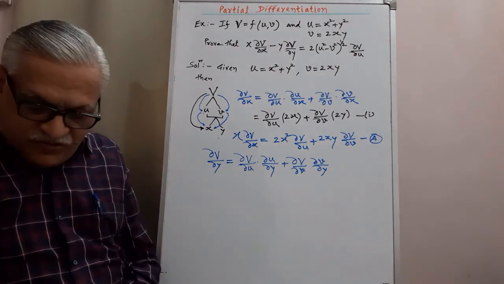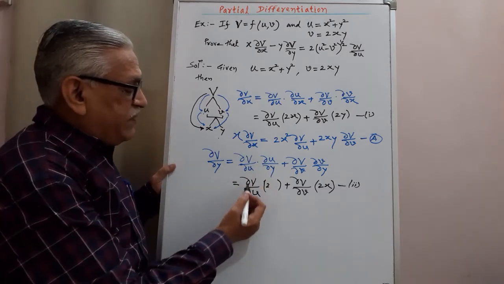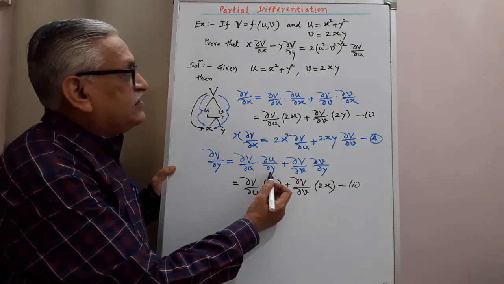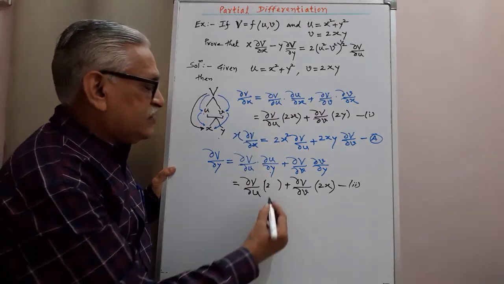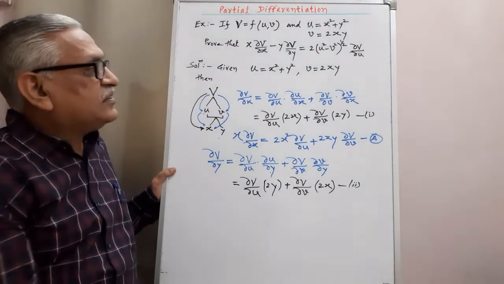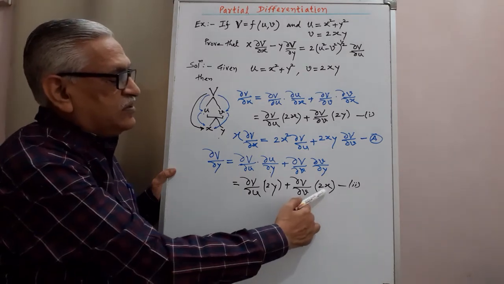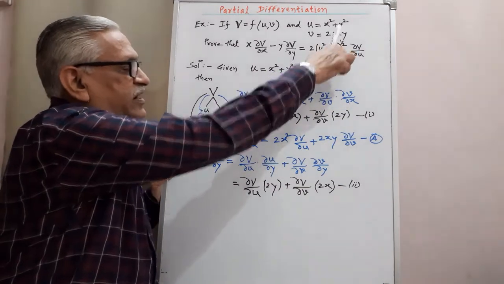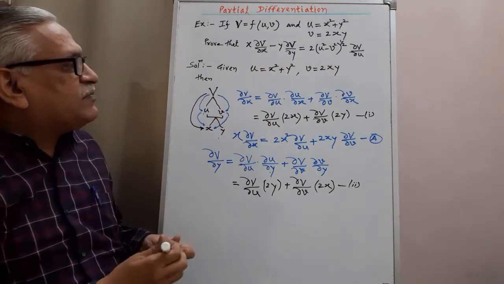Then finding the values, dou V by dou u we keep as it is. The derivative dou u by dou y, keeping x constant: the derivative of x square is 0, and of y square will be 2y, plus dou V by dou v as it is, and differentiation of this v with respect to y, keeping x constant, means 2x becomes a constant term, we take it outside, and the derivative of y is 1, therefore we get 2x. And then, as required, we have to multiply it by y.